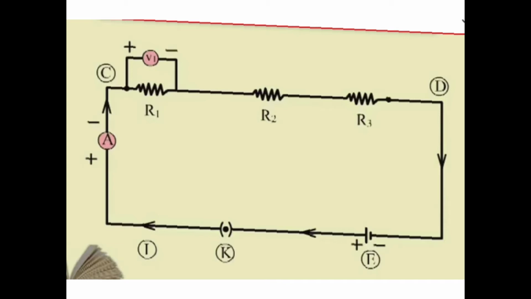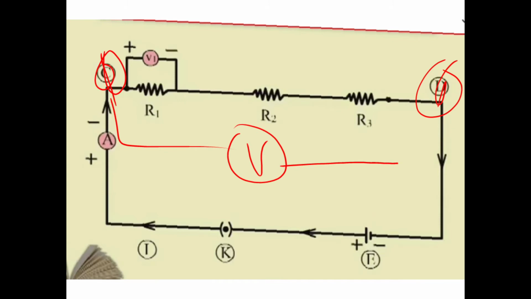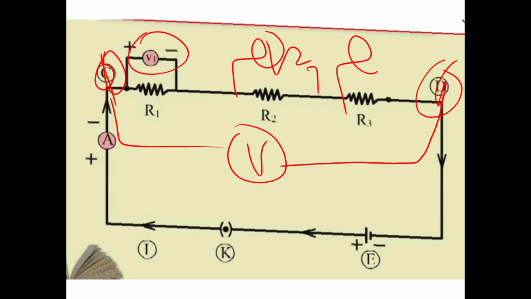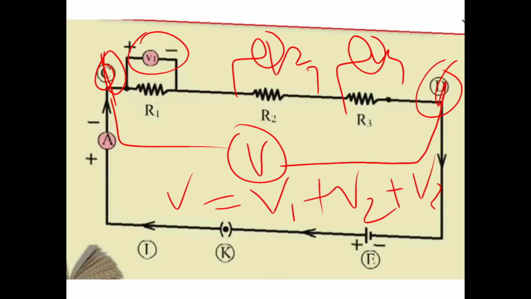Now children, across the points C and D, these three resistances are there. So the total voltage, say this is the voltmeter which is connected to C and D, will be V1 plus V2 plus V3. So V is equal to V1 plus V2 plus V3.